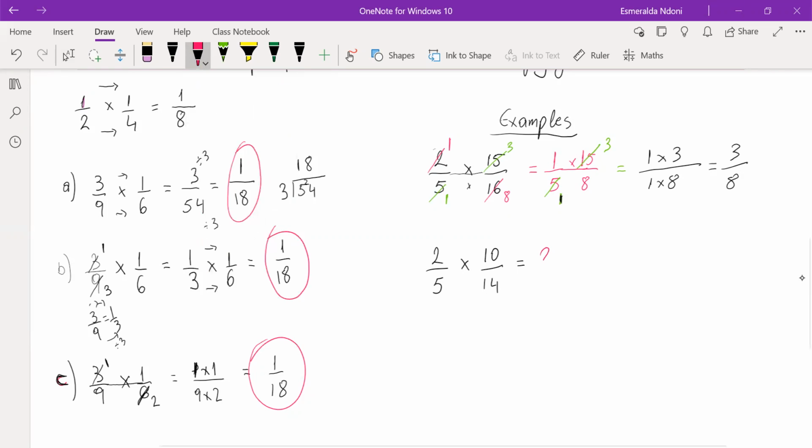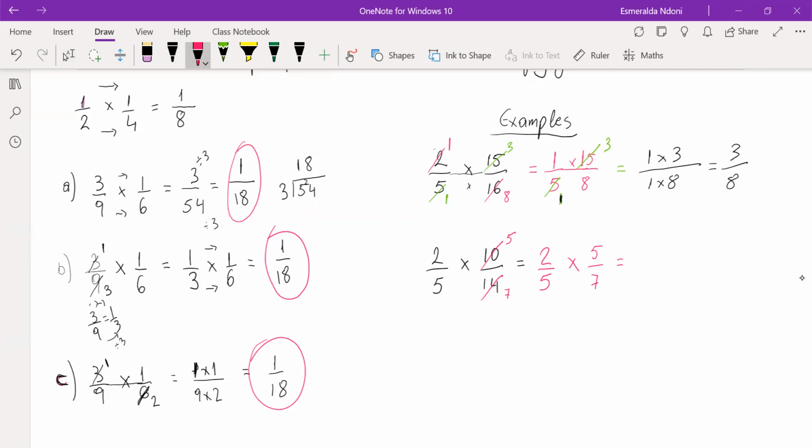I cannot. Times. Now I'm going to simplify these two numbers by 2. 10 divided by 2 is a 5, and 14 divided by 2 is a 7. So I'm going to write 5 out of 7.